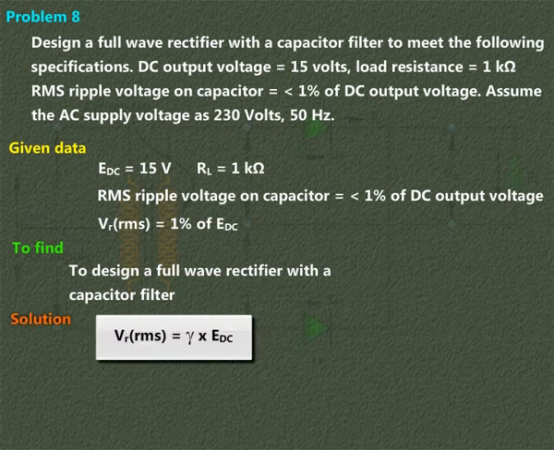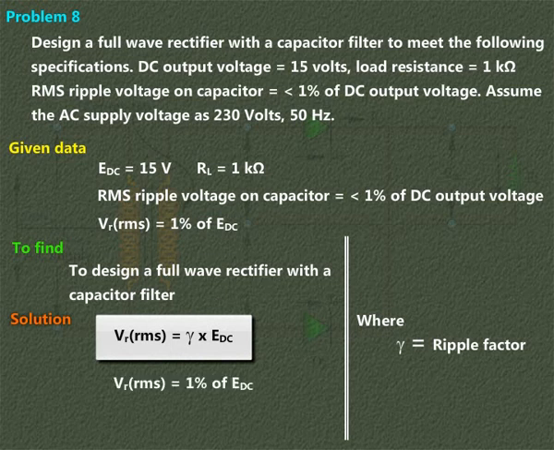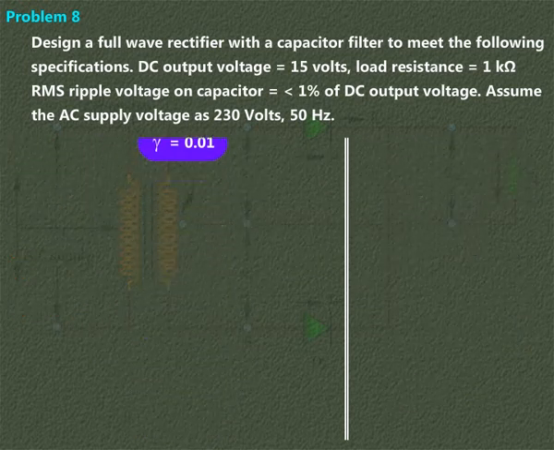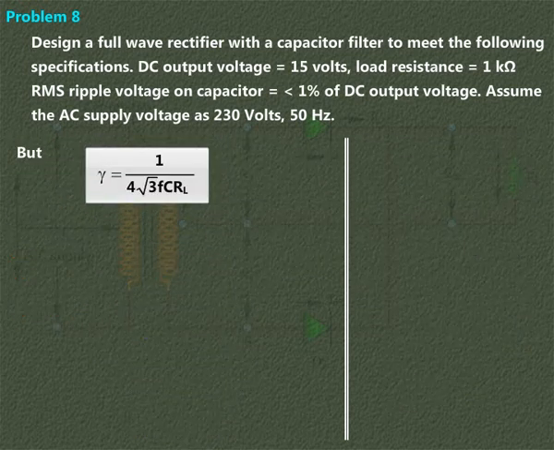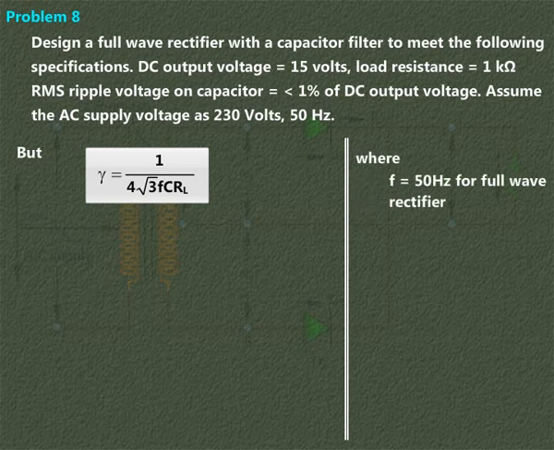Solution. Now, VRRMS is equal to gamma into EDC, where gamma is the ripple factor. That is, VRRMS is equal to 1% of EDC. Therefore, gamma is equal to 0.01. But we know that gamma is equal to 1 by 4 root 3 FCRL, where F is equal to 50 Hz for full wave rectifier.